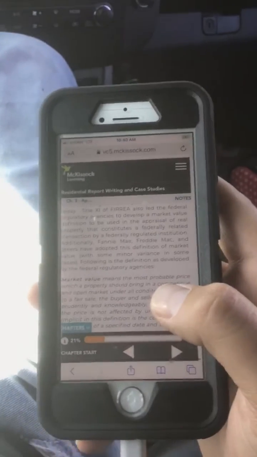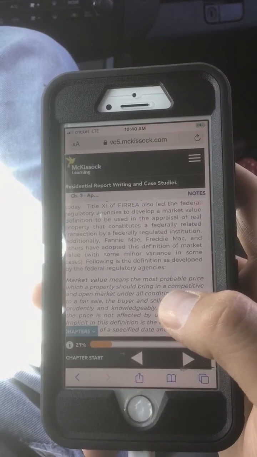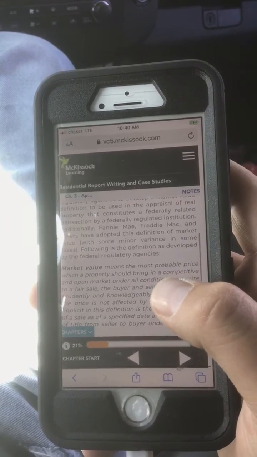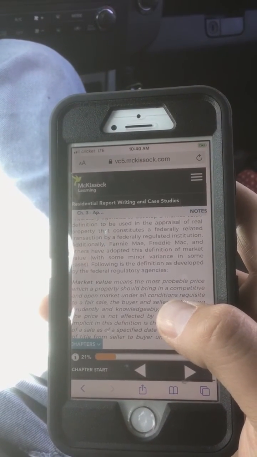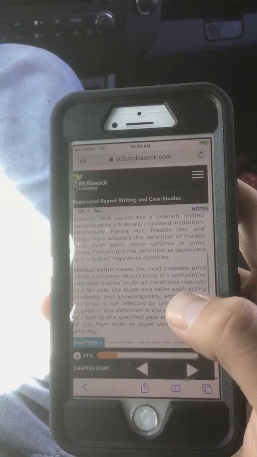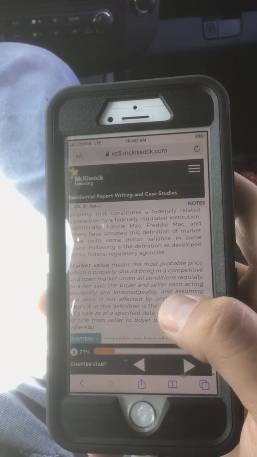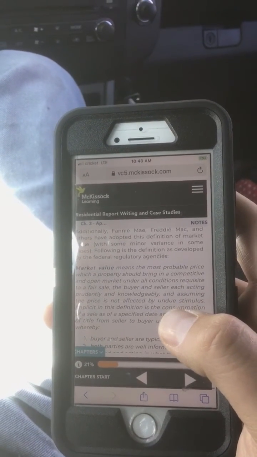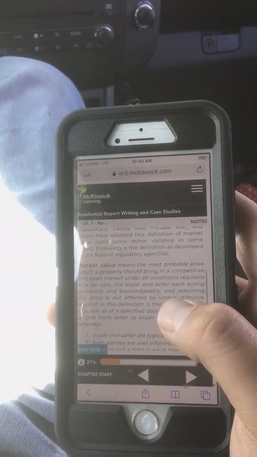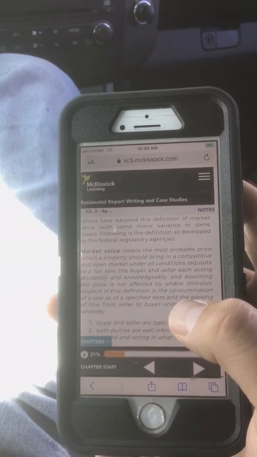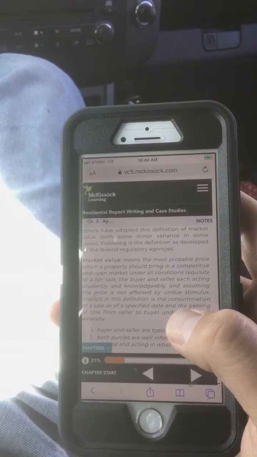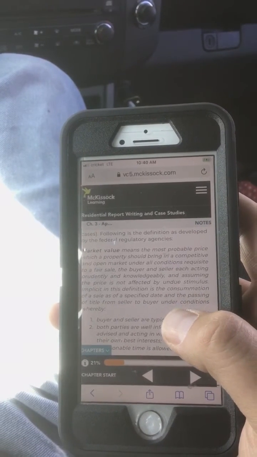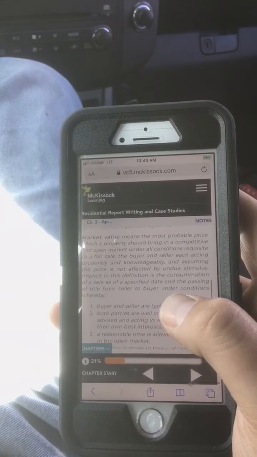Title 11 of FIREA also led the federal regulatory agencies to develop a market value definition to be used in the appraisal of real property that constitutes a federally related transaction by a federally regulated institution. Additionally, Fannie Mae, Freddie Mac, and others have adopted this definition of market value with some minor variants in some cases. Following is the definition as developed by the federal regulatory agencies.